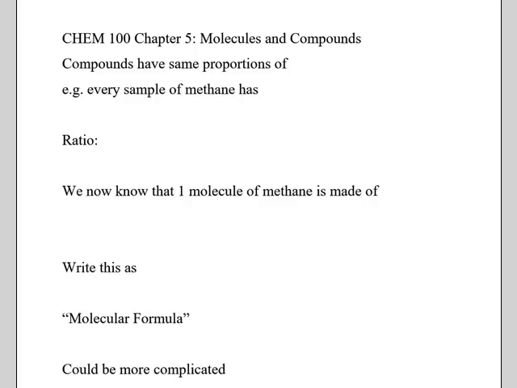In Chapter 5, we're going to look in a lot more detail at molecules and compounds. Remember, a molecule is made up of two or more atoms chemically bonded together, and a compound has to be two or more atoms of different elements bonded together.